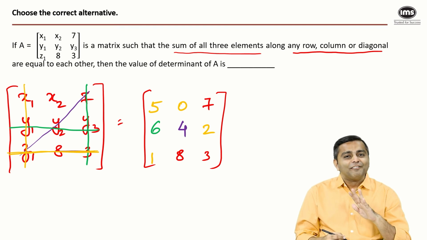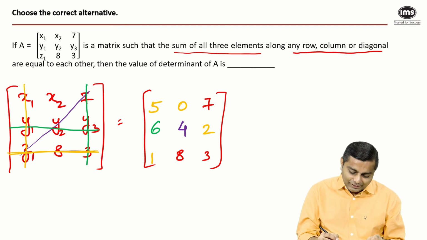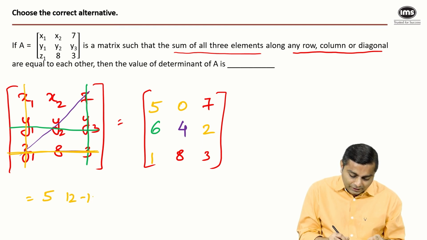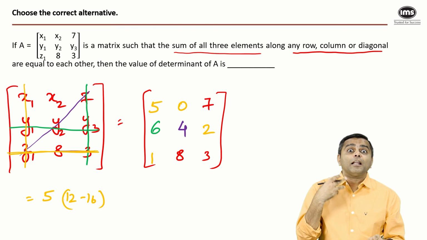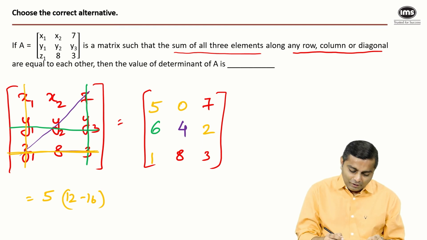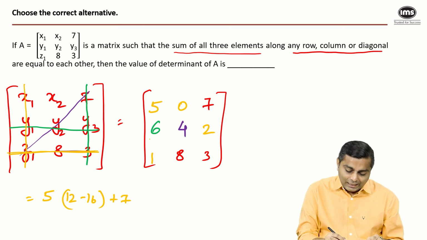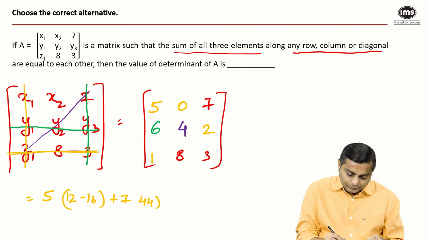Now we just need to find a very simple determinant value. So let's find the determinant value of this guy. Determinant value is going to be 5 times 4 into 3, 12 minus 16. Second element is fortunately 0, so we don't have to bother, plus 7 times, let's go to the third element, 6 into 8 is 48, 48 minus 4 is 44, right?